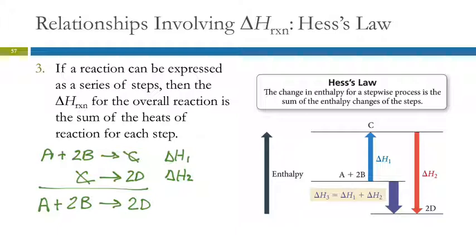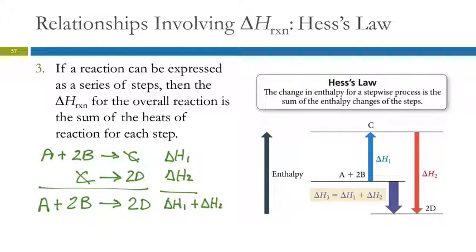So what's the heat of reaction then? It's the heat of reaction of the first one plus the second one. So if we can add the reactions, we can add the heats of reaction.